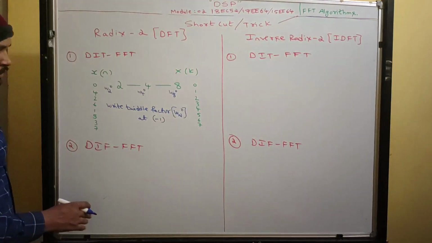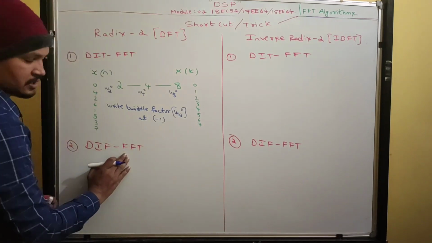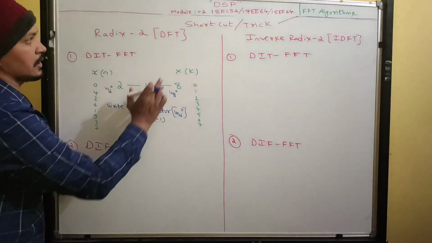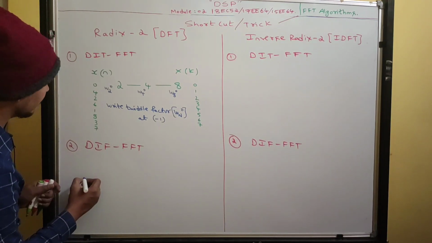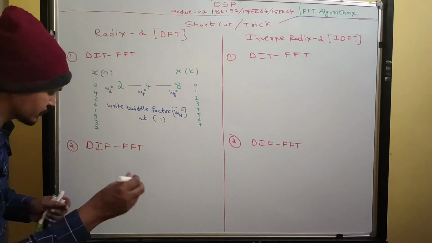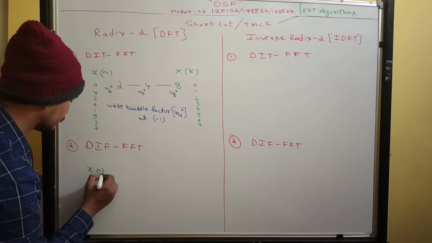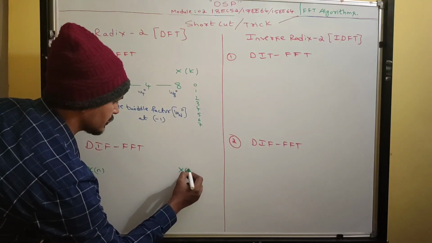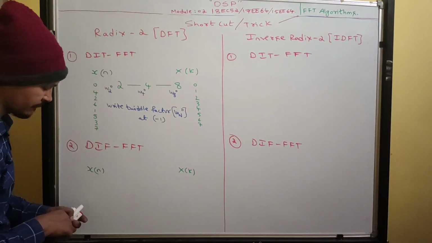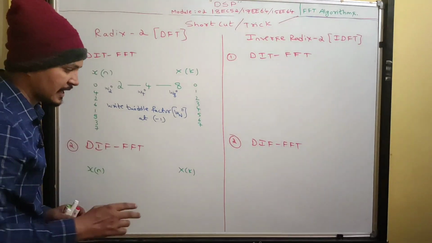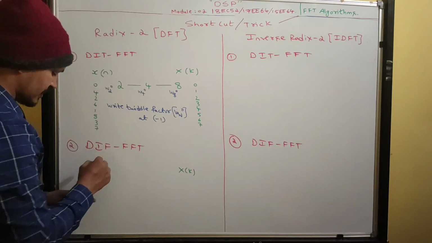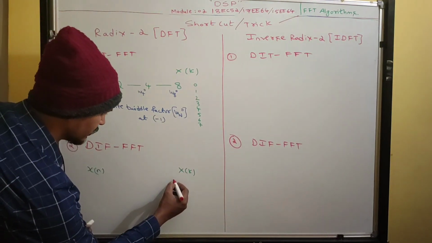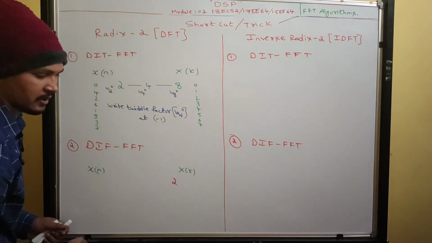Next, decimation in frequency FFT. Using this algorithm also I can find the DFT. So what is meant by DFT? Input is x of n and output is x of k. K means frequency. N means time domain. So, decimation in frequency. Here you write the 2-point butterfly.